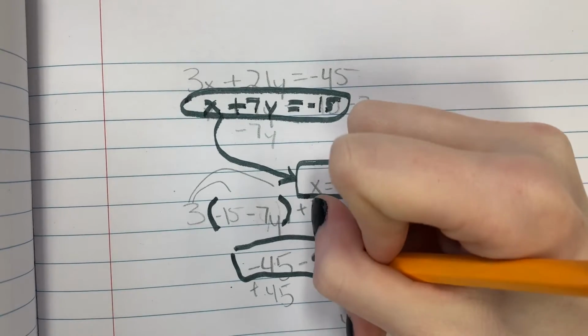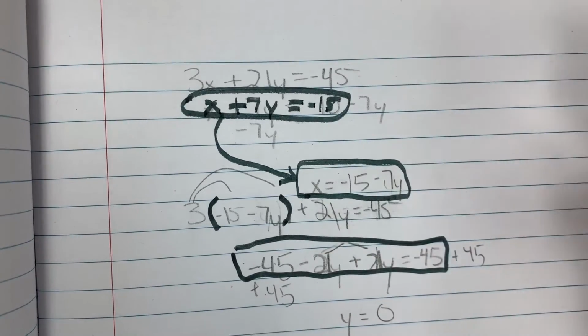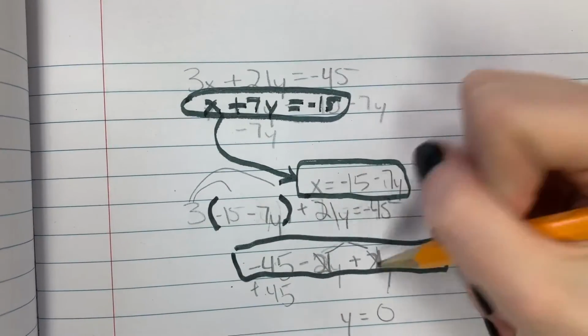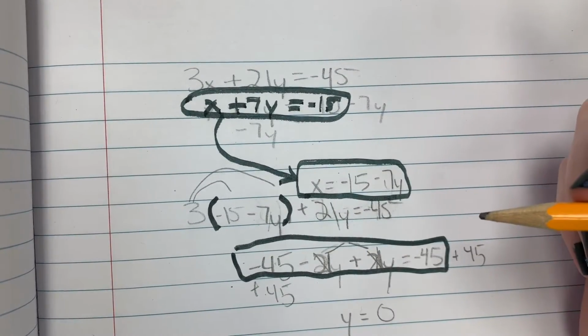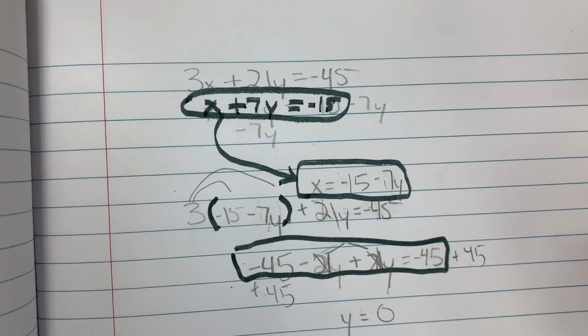These are both 21. 21y plus 21y is what? So negative 21y plus 21y just cancels out both the 21s. So you have 0y? Yeah. 0 times y, 0y? Yeah. So 0 is equal to what?